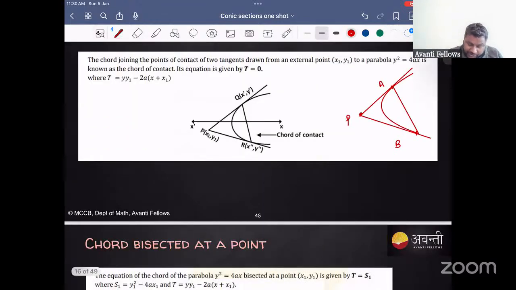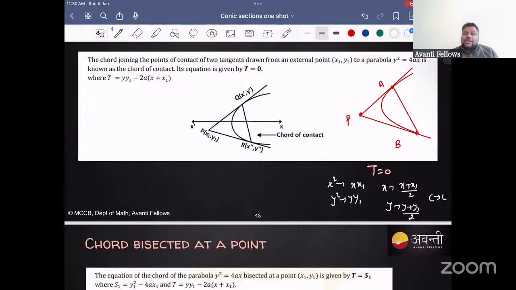So this equation T equals 0 is obtained by replacing x square by xx1, y square by yy1, x by (x plus x1) by 2, y by (y plus y1) by 2, and c kept c. So the equation you obtained is the tangent if this point (x1, y1) lies on the conic, and it is the chord of contact if this point lies outside the conic.